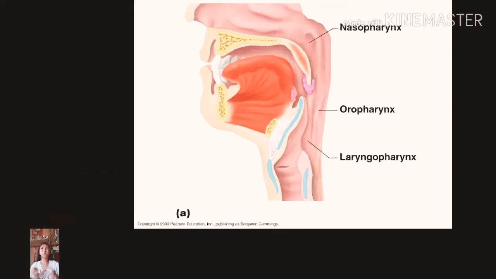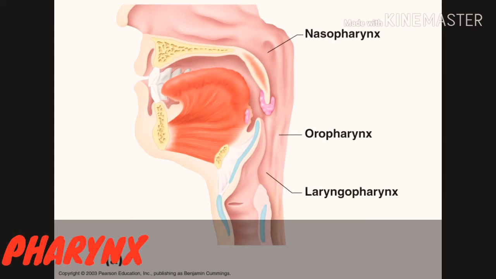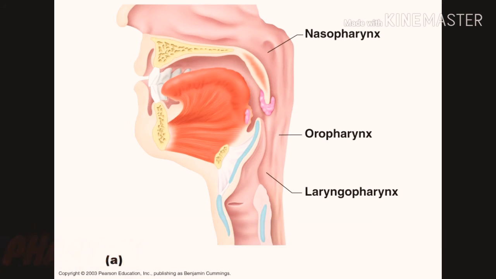The pharynx has three types: the nasopharynx, the oropharynx, and the laryngopharynx. The nasopharynx is not part of the digestive system, while the oropharynx is posterior to the oral cavity, and lastly, the laryngopharynx is below the oropharynx and is connected to the esophagus.